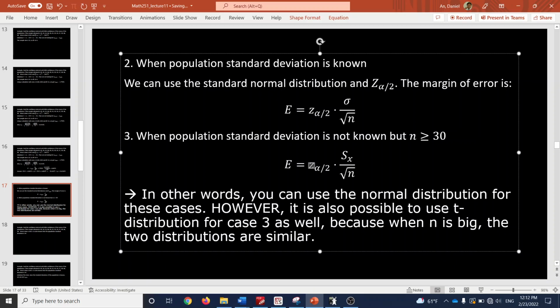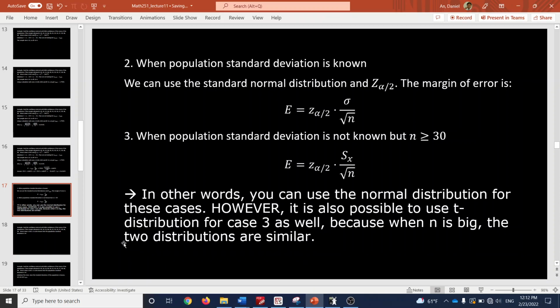So it doesn't really change much. Okay. So if in doubt, you can just use the t distribution. In most cases, yeah, it's not going to change much. All right. So let me give you examples from 2 and 3.